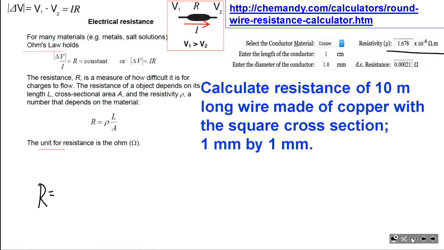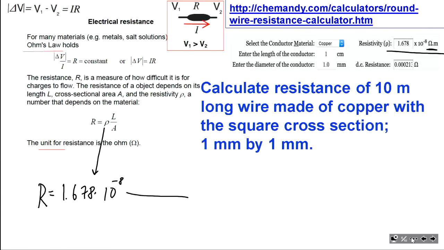The only tricky part might be the unit. This is ohm times meter, a standard unit which belongs to the international system of units, but very often it would have been millimeters and micro ohms or something. But here we just have to use this number, 1.678 times 10 to the negative 8. This is the first number, the resistivity.